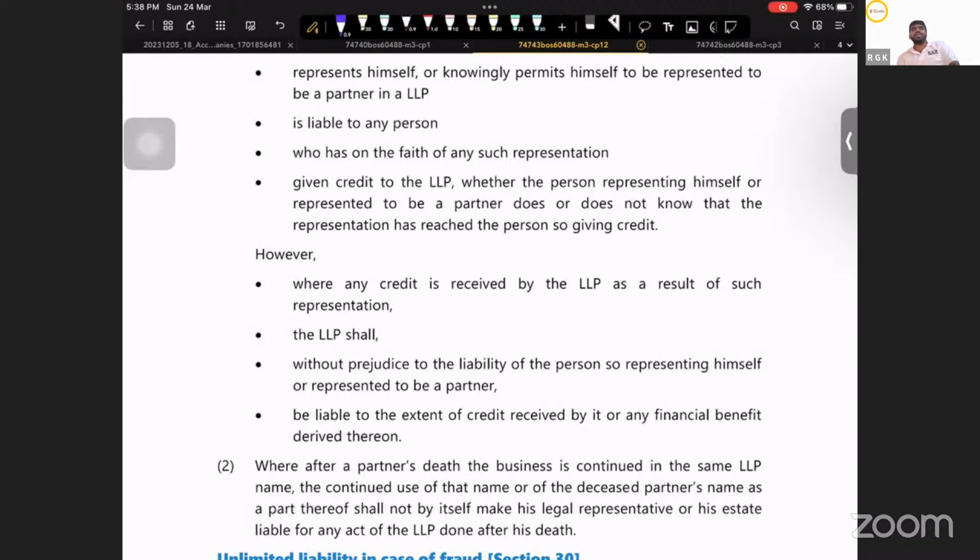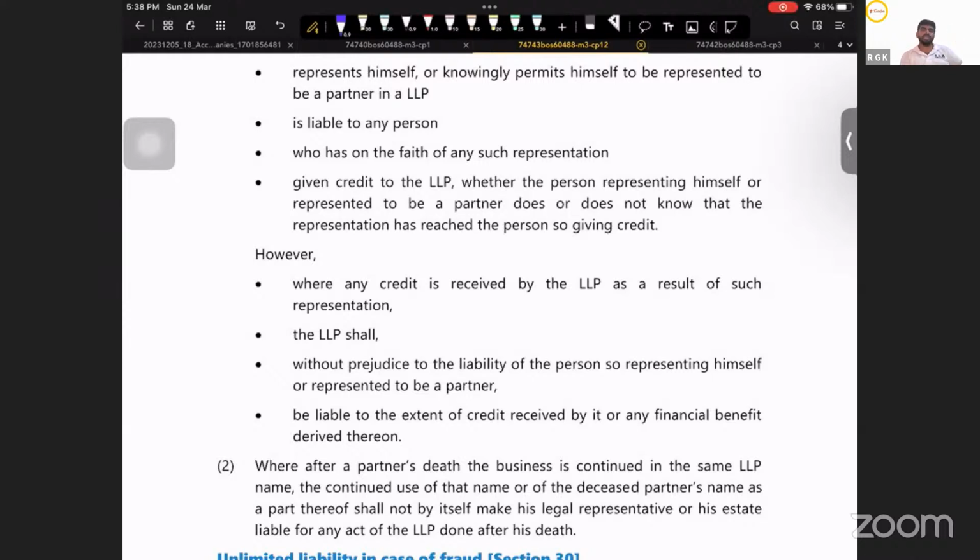So, unlike the Partnership Act, what it says is, suppose a person represents himself as a partner to a third party. Believing the representation of such person, the third party enters into a contract with the LLP. Let us say the third party gives a loan to the LLP. That person who has wrongly represented, for what he has done, for wrong representation, he will suffer.